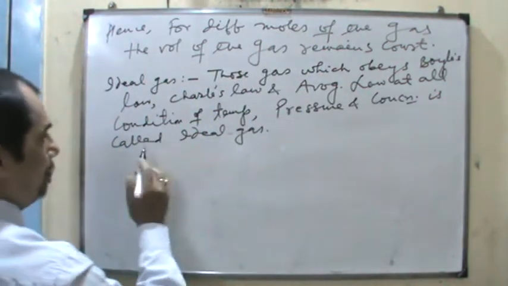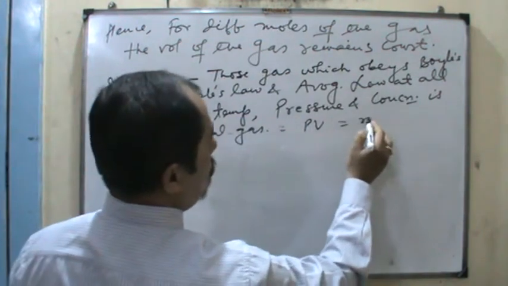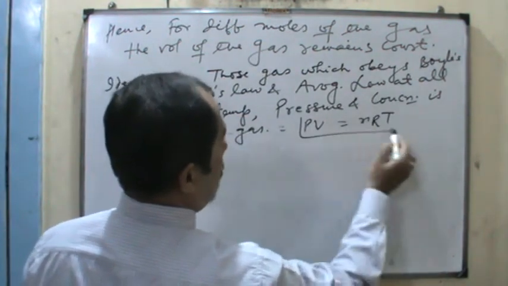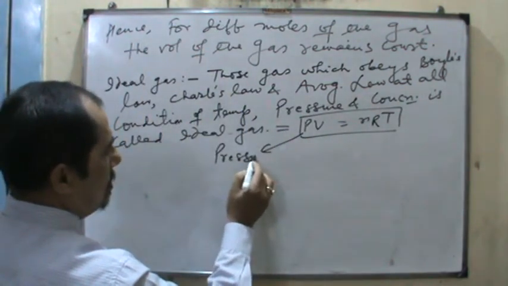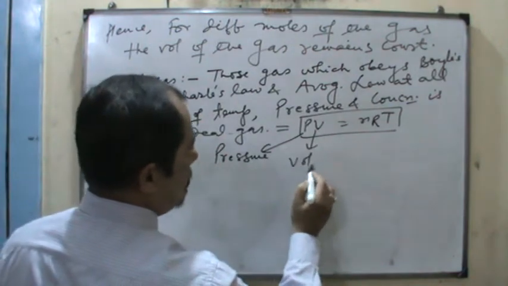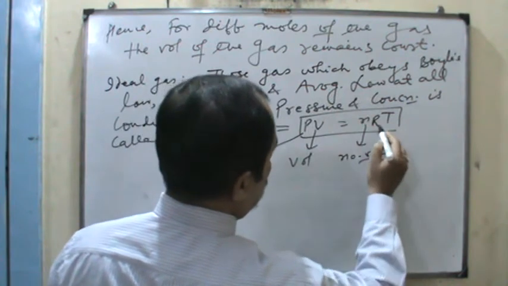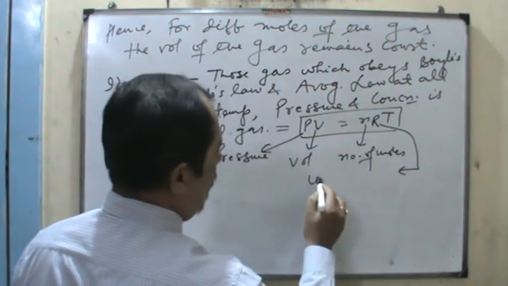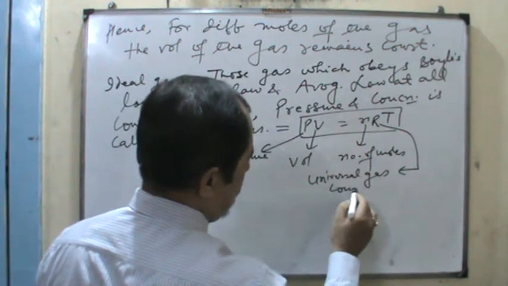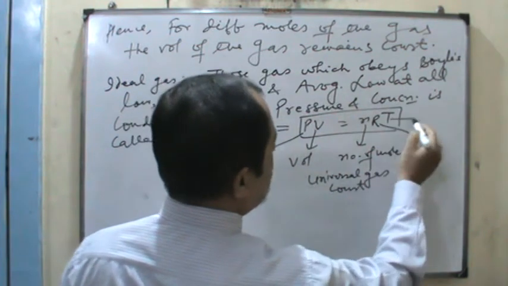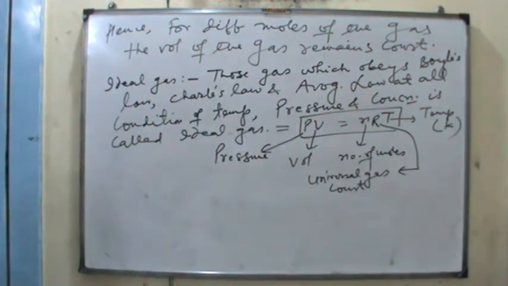So dear student, the ideal gas equation is PV = nRT. Right? What is P? P, you know it very well. It is the pressure, V is the volume, n is the number of moles, R is the universal gas constant, and T is the temperature in Kelvin.